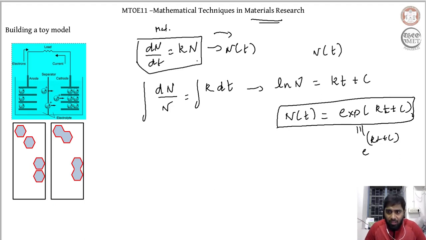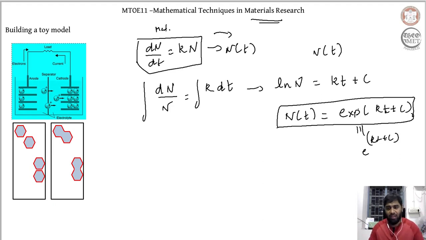Now there are two different parameters that we will need to address before proceeding further. We have an expression that will help us calculate my charge at a given time t, but not all the terms in this expression are known to us.